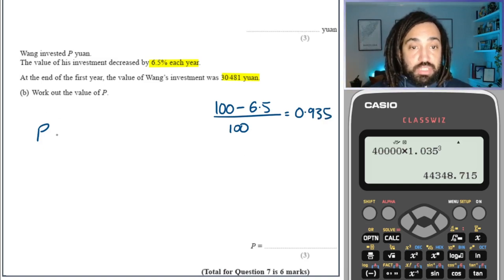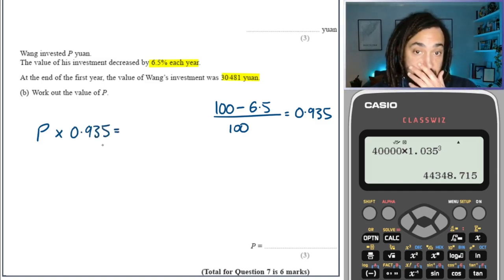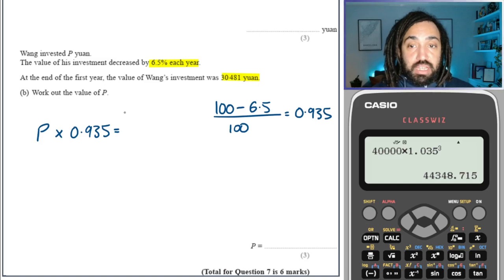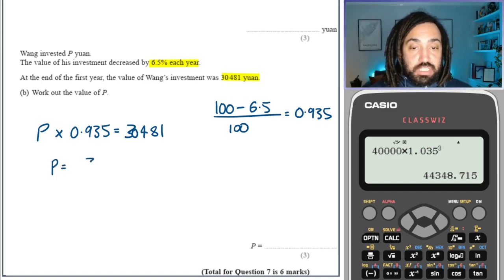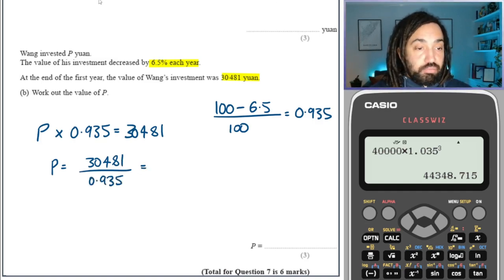So P, the original amount invested, was multiplied by this decrease multiplier, and that gave us the new amount of money in the account, which is this. So to reverse this process, we must divide the new amount by the multiplier, like so.